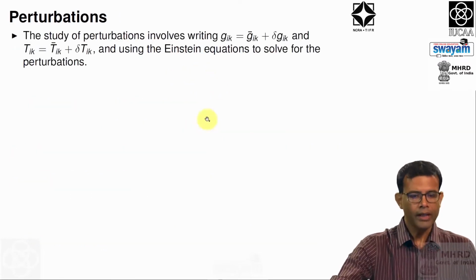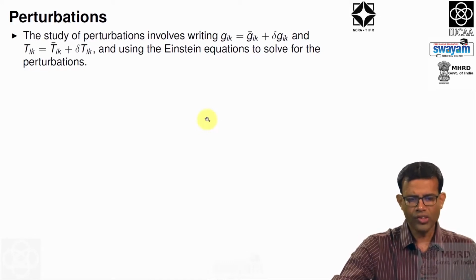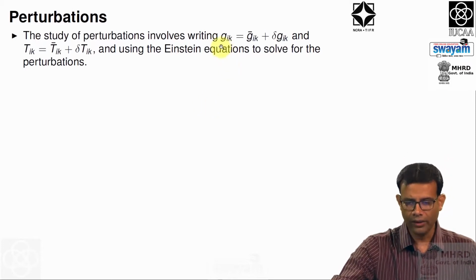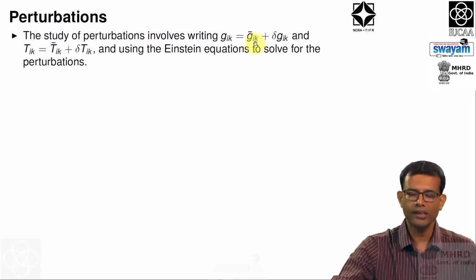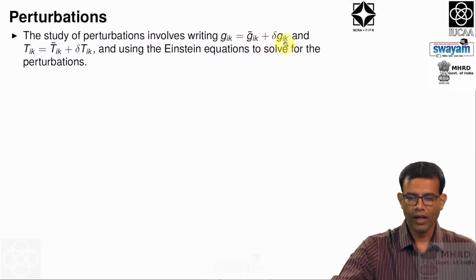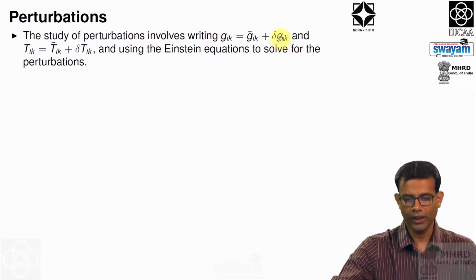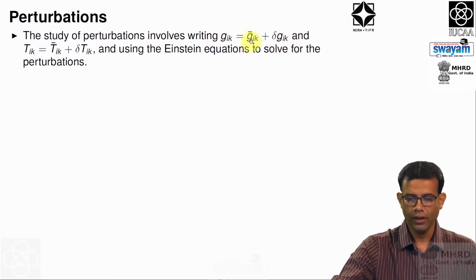Okay. Now, if we want to study perturbations, basically this involves writing the metric g_ik as g_ik bar, which is the metric for the smooth universe, say the FLRW metric, plus a small quantity delta g_ik, which denotes the perturbations on top of the smooth metric.